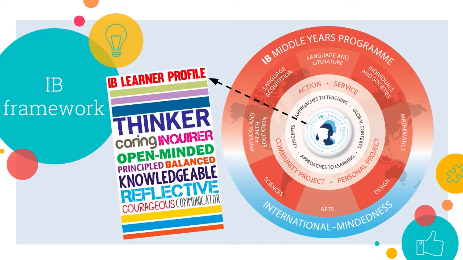In the third ring, we see the curriculum, the 8 subjects. And the fourth ring is the big framework, the name of the program and the most important attribute that defines it, international-mindedness.